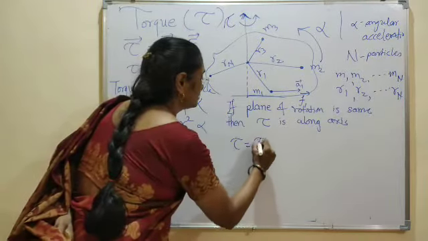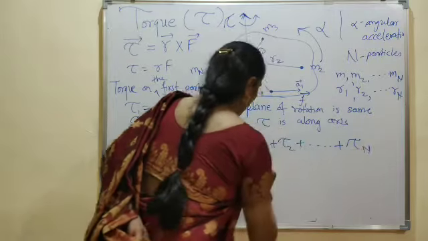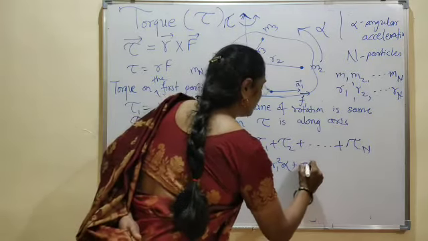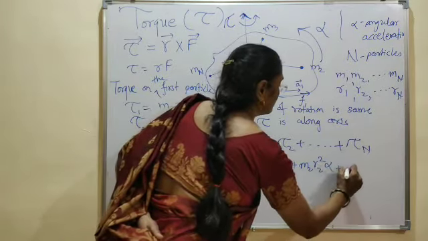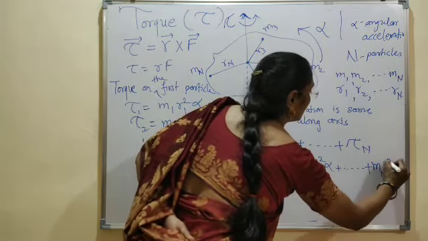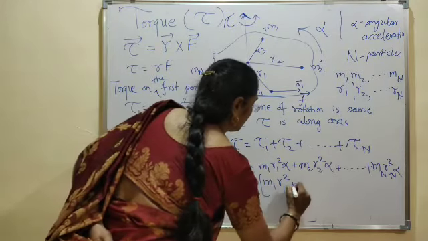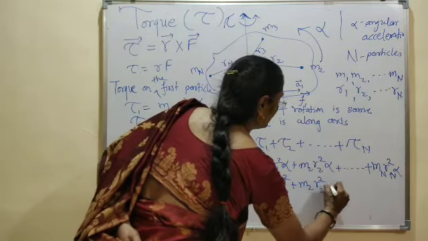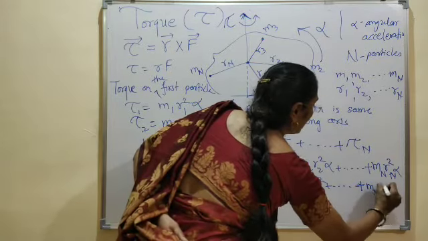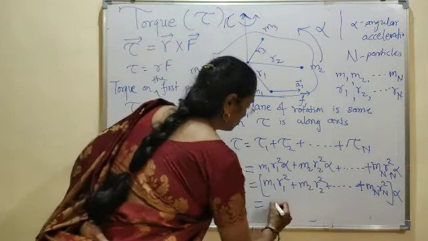Tau can be written as tau1 plus tau2 up to tau n, which is m1 r1 square alpha plus m2 r2 square alpha, and the sum extends up to the nth particle. Inside the bracket we get the same expression, the bracketed quantity we always take, and it is the moment of inertia.